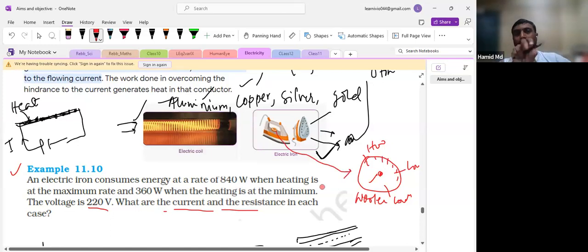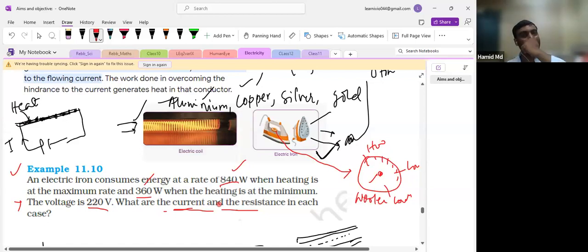So when you turn the knob, you consume energy according to the need. When it is high, 840 watt. When it is low, 360 watt. The voltage is given as 220 volt, that is the standard supply. So the question asked is, what are the current and resistance in each case?